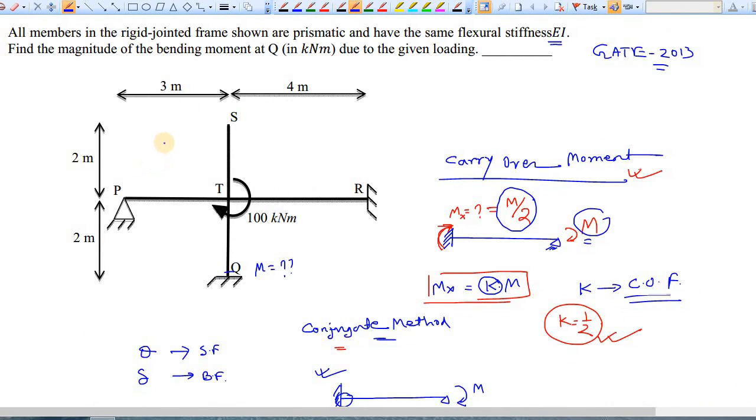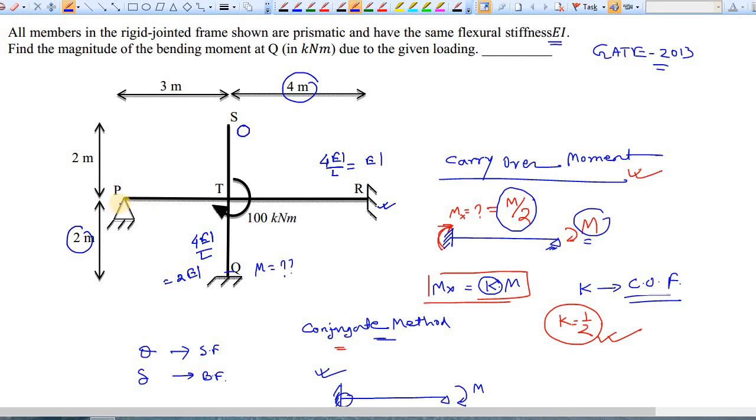So this is the problem. Here the rotational stiffness due to the TS part is 0 because there is no support, it is free. For this part, it is fixed, so it is 4EI by L, where L is given as 4 meter, so this is coming as EI. Now for TQ, again this is 4EI by L, but L is given as 2 meter, so this is coming as 2EI.